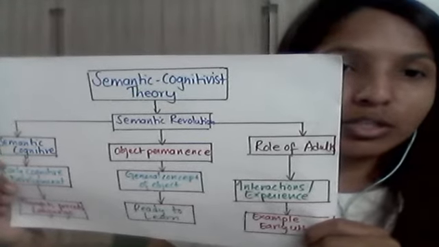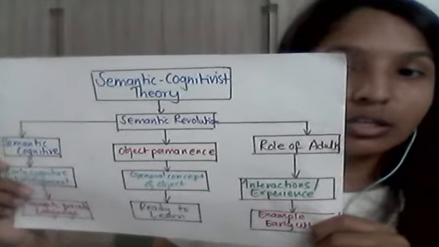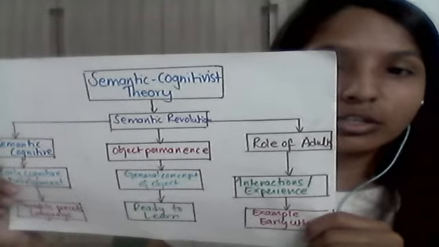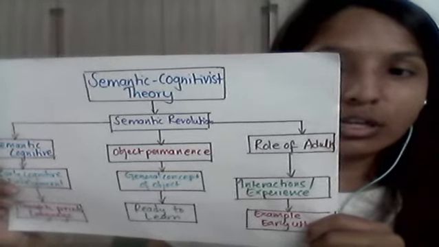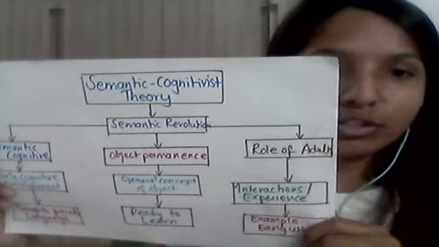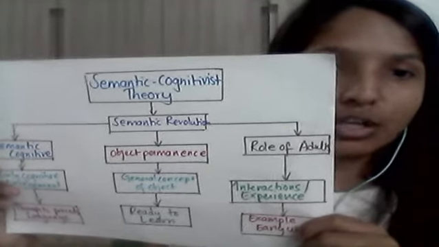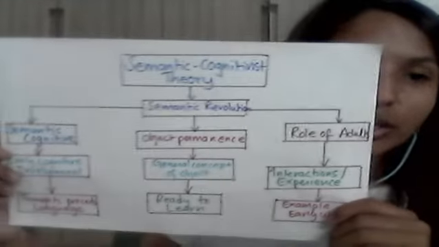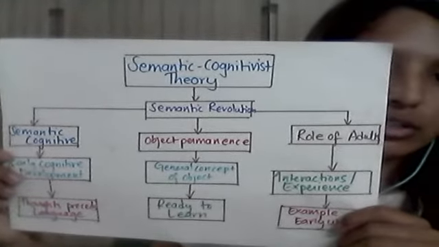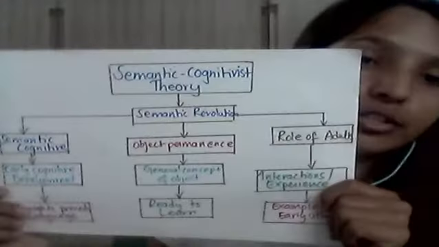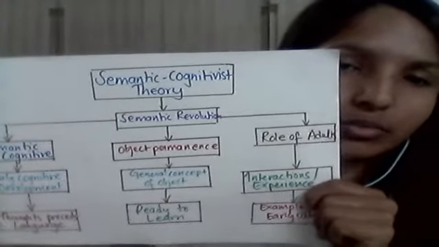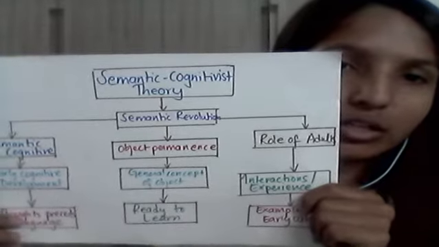Whenever they see an object, they feel that it still exists even though it is not in sight. This signals that they already have a general concept of objects and are ready to learn. They already have the knowledge and are just learning language. This theory also says that this process helps to develop language.